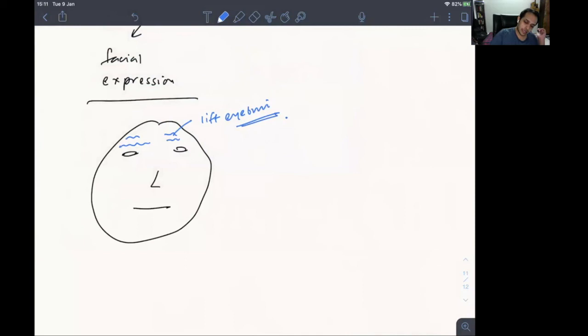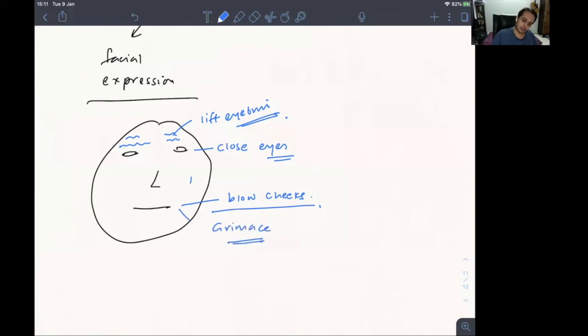And second is to close the eyes. Okay. And then you move to the lower part of the face and you ask the patient to blow cheeks and grimace. Smile.